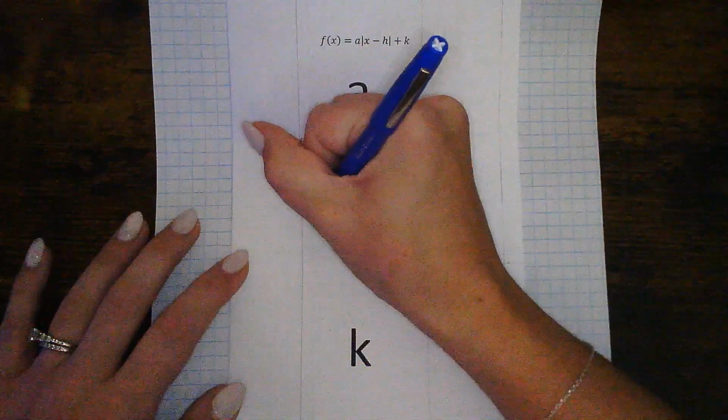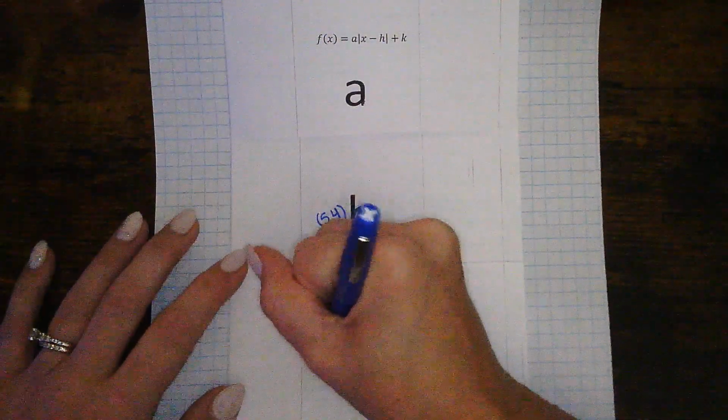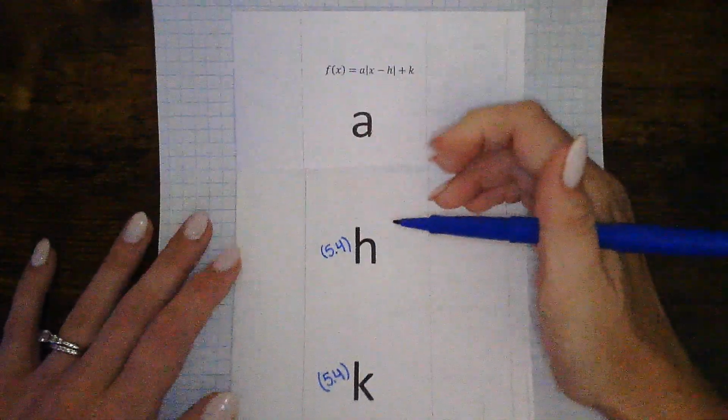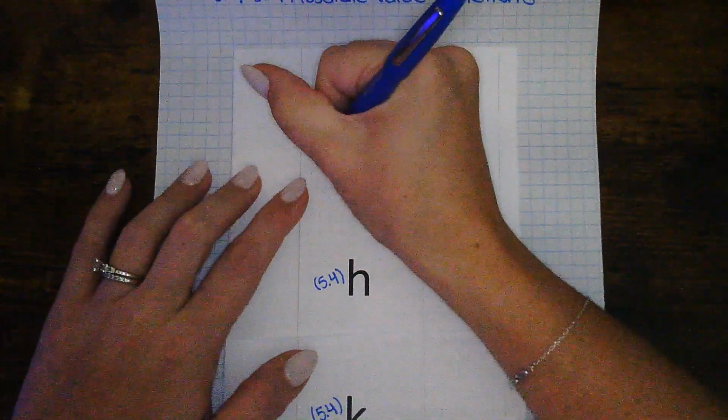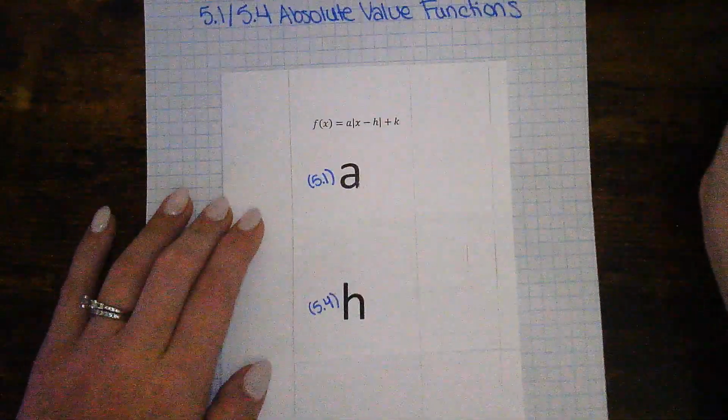So let's go ahead and annotate that this is going to be for section 5.4 down here for h and k. And today we're going to focus on a, which is related to section 5.1.